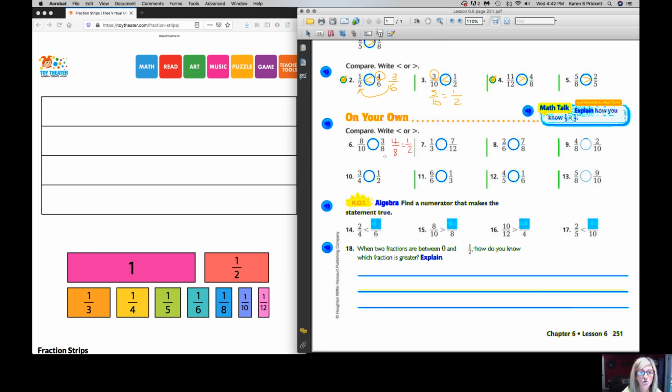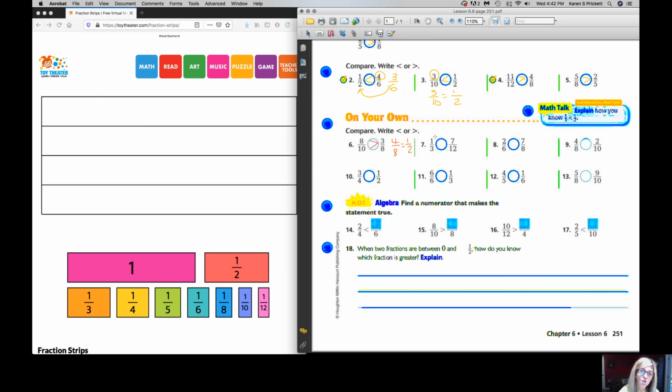And so I know that if 8/10 is almost 1 and 3/8 is almost a half, then obviously 8/10 is greater than 3/8. And so that's what they mean by comparing using benchmarks. You use what you already know to figure these out logically.